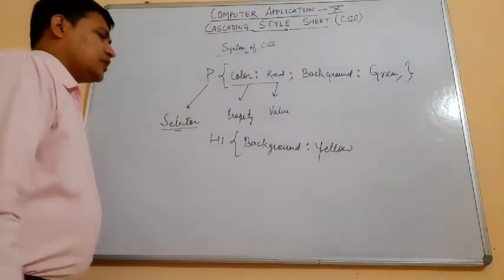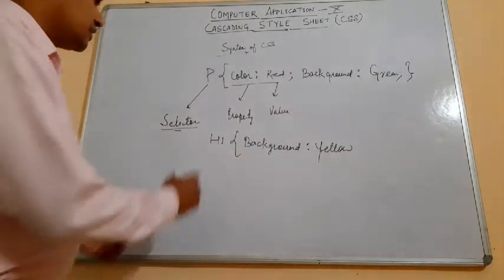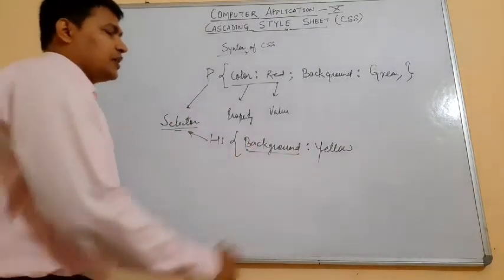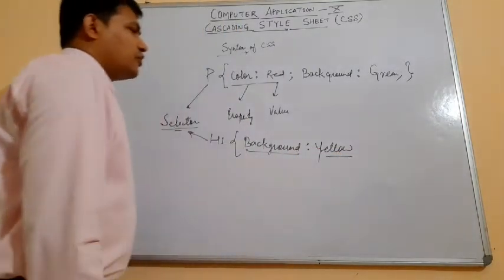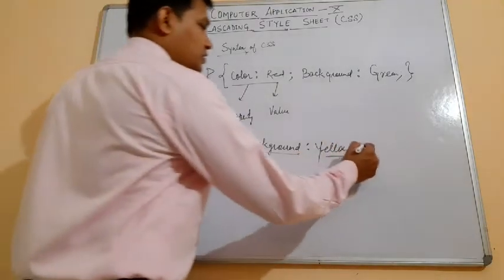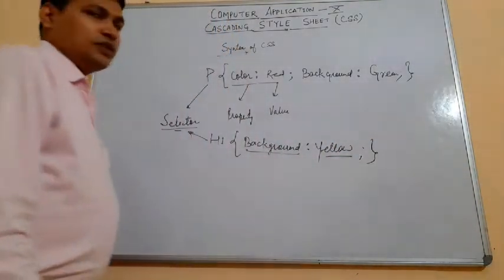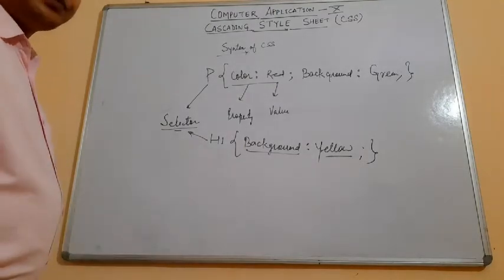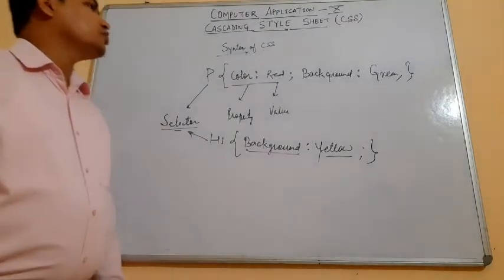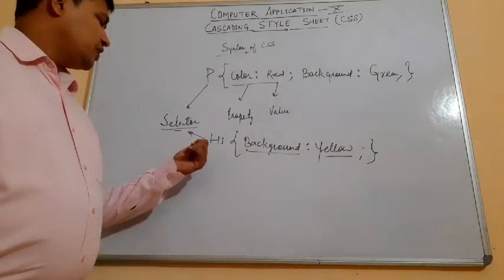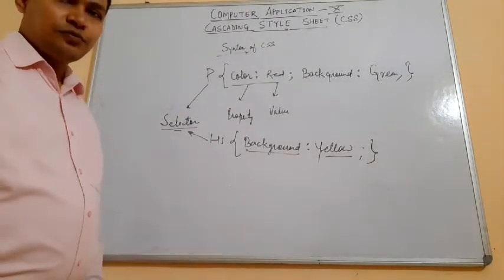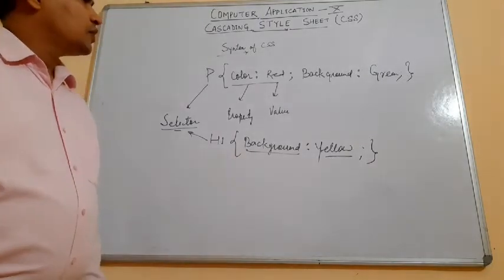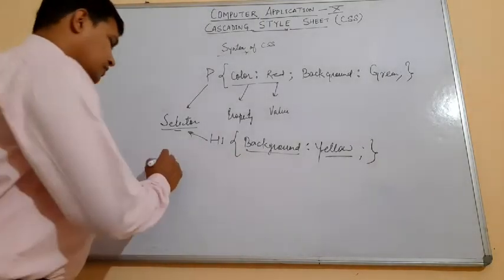If you are using H1, that is the selector, background is the property, and yellow is the value of this property. In the same way, you can use another selector also. Students, you must know that without the selector you cannot define the property. So the syntax will be like this.